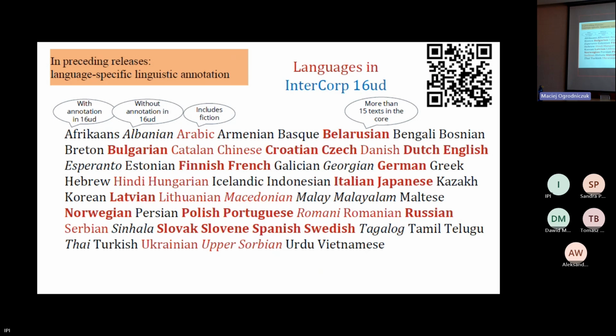If it's italics, it's not annotated. I mean, linguistically annotated. It doesn't have this UD annotation. If it's red and not bold, it includes some fiction. And otherwise, if it's just black and upright, it has annotation.